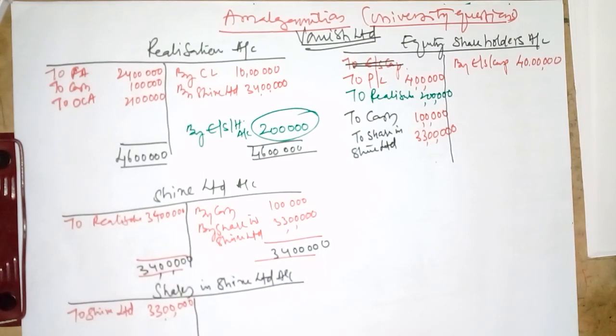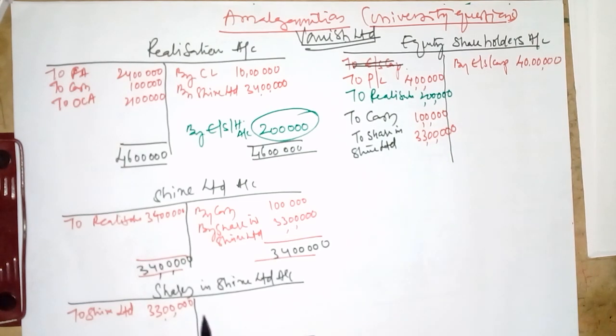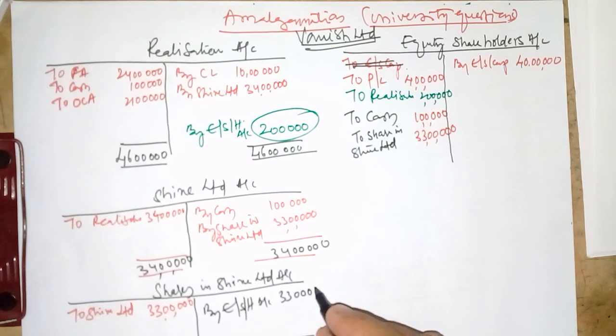Now this shares in Shine Limited account, so we have debited here. In shares in Shine Limited, what we write? By equity shareholders account. How much? 33 lakhs. Hence, this account even will get tallied 33 lakhs. So like this, we have to close the ledger account.